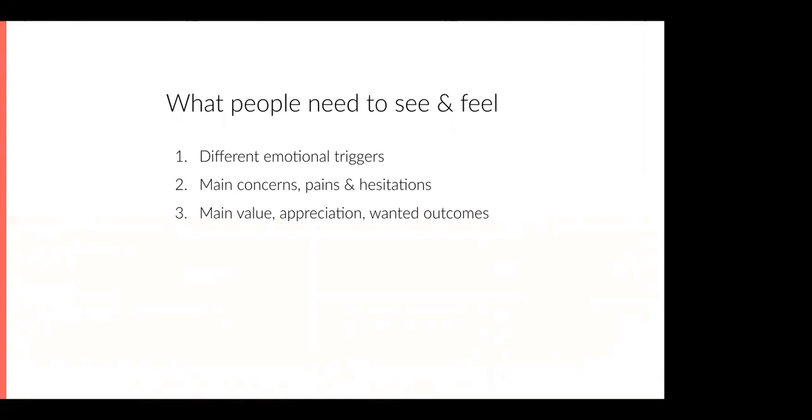So you want to start identifying the different emotional triggers that your competitors are using, the main concerns, pains, and hesitations that people are mentioning on these different platforms and where they are. And of course, what they find most valuable, what they appreciate, what outcomes they want. So all these things you can achieve by doing competitor research.